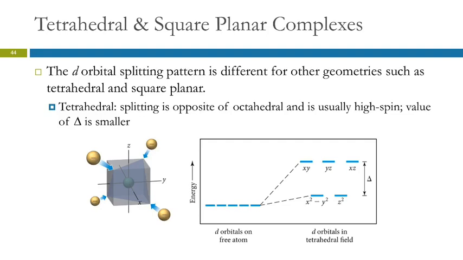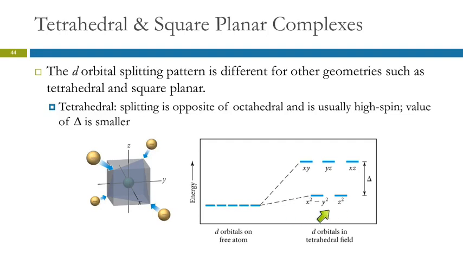So that was for octahedral. For tetrahedral and square planar complexes, the splitting pattern is different. For tetrahedral, it's the opposite of octahedral. If you imagine the different d orbitals in there, now these are going to fit between 2 of them and conflict with 3 of them.